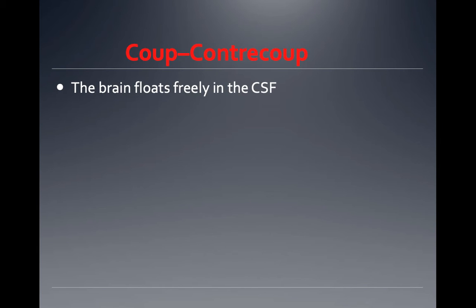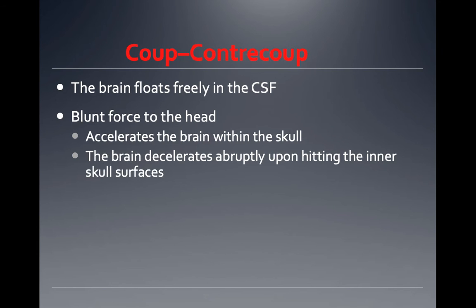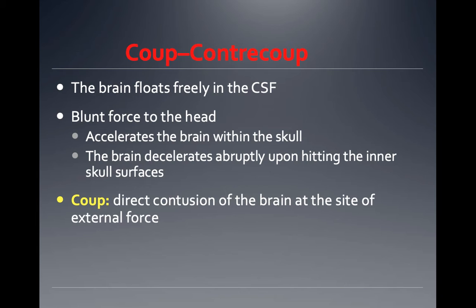So we talked about how the brain floats freely in that cerebrospinal fluid, and then blunt force trauma can occur so that something hits the head or the head hits something. And we have acceleration of our brain within the skull, and then all of a sudden the brain hits that skull bone and the brain decelerates rapidly, and that force is transmitted through the brain tissue.